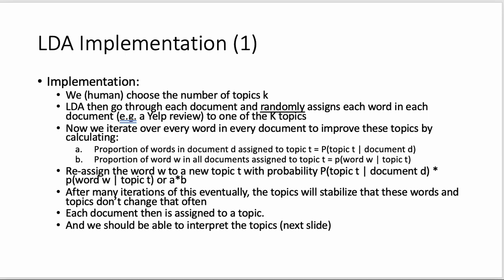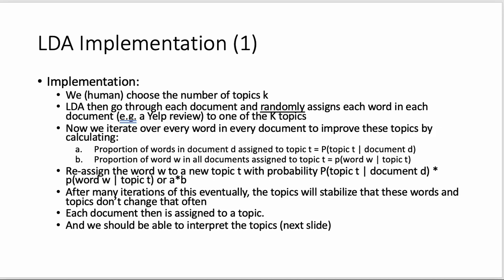For every word in every document and for every topic, we're going to calculate the proportion of the words in document D that are assigned to topic T. And then we calculate the proportion of assignments to topic T over all documents that come from this particular word W.